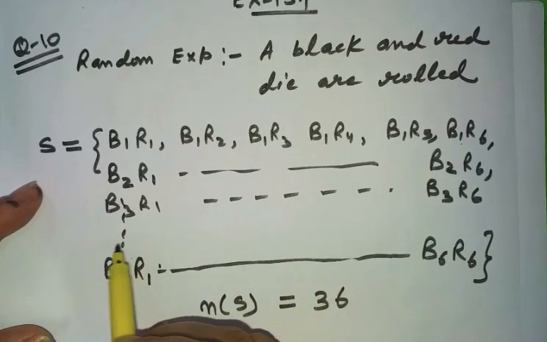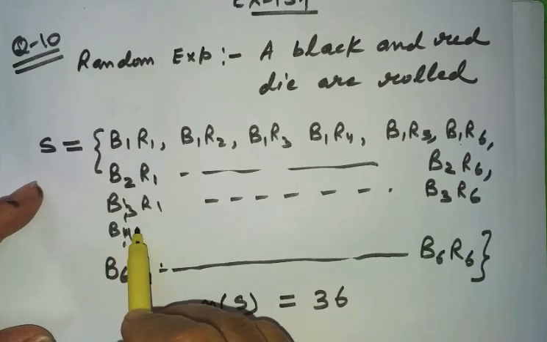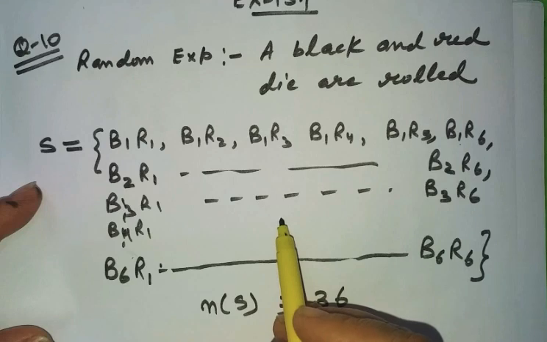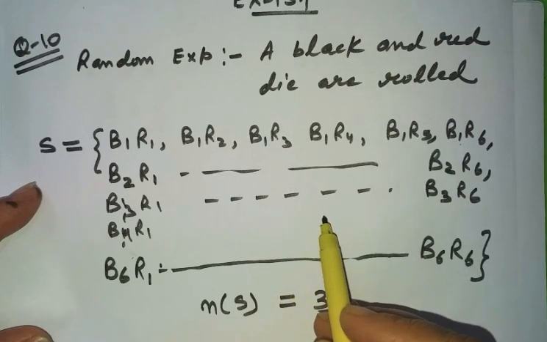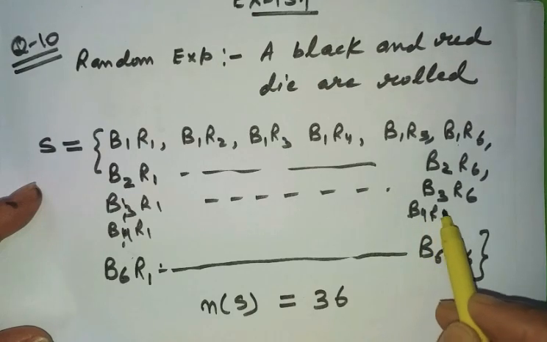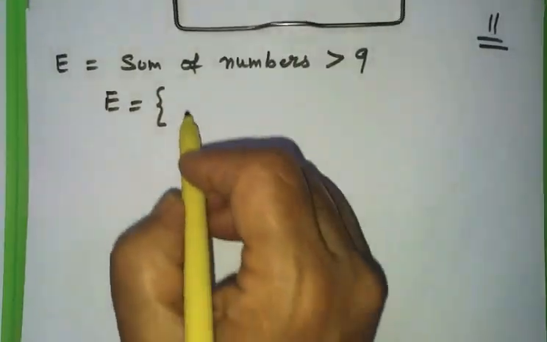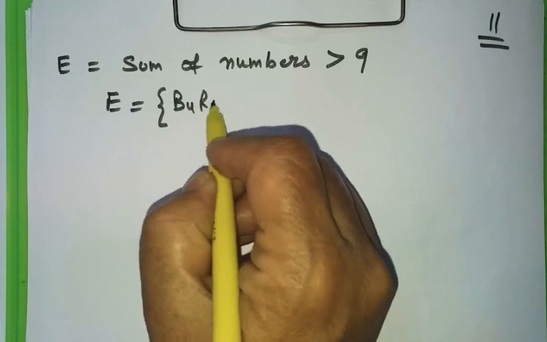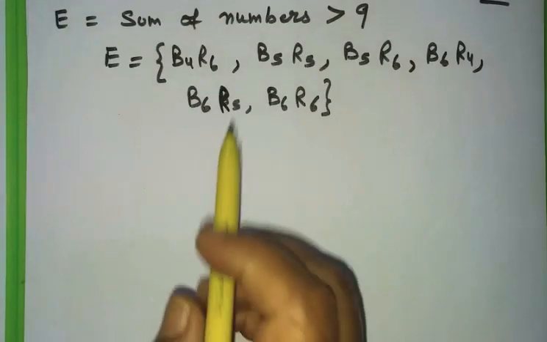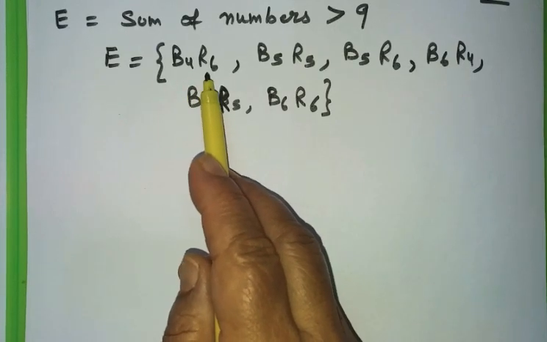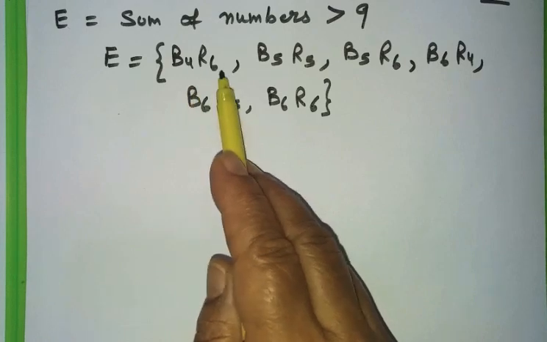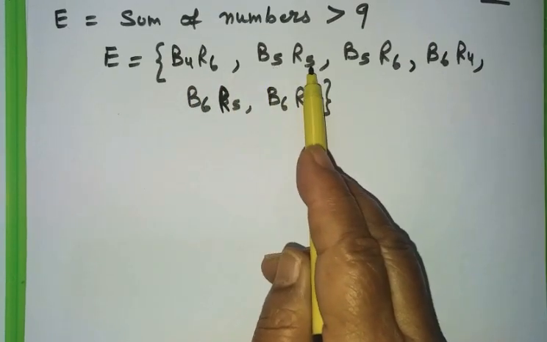So let us see what will be there in B4. B4 R1, 4 1, 4 2, 4 3, 4 4, 4 5 will be 9, so 4 6, B4 R6. So one case will be B4 R6, and these are the elements favorable to the happening of E. B4 R6 has sum 10, and B5 R5 has sum 10.